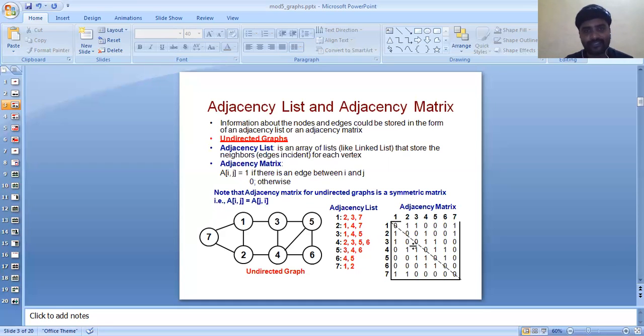An adjacency list is an array of lists, like a linked list, that stores the neighbors, the edges, for each vertex.